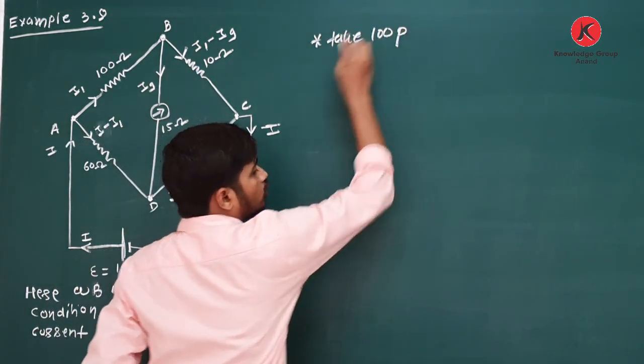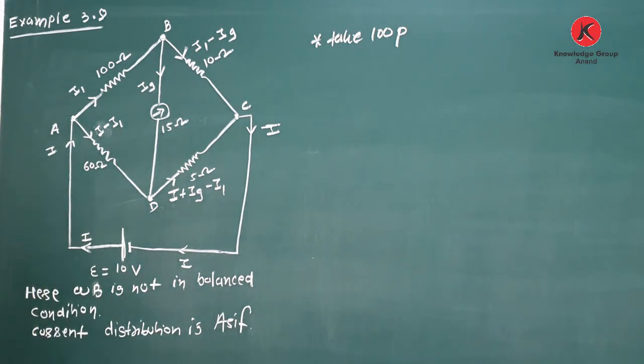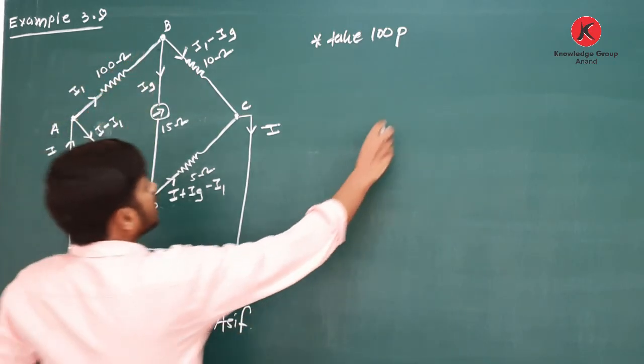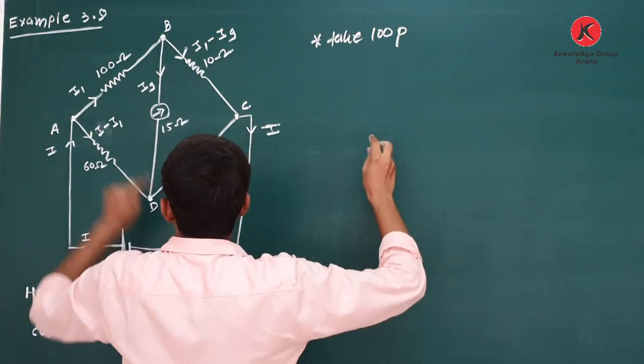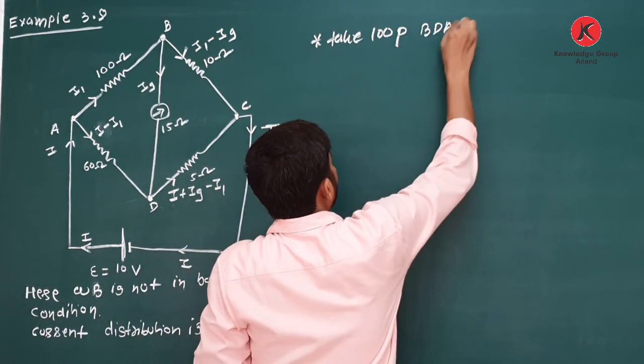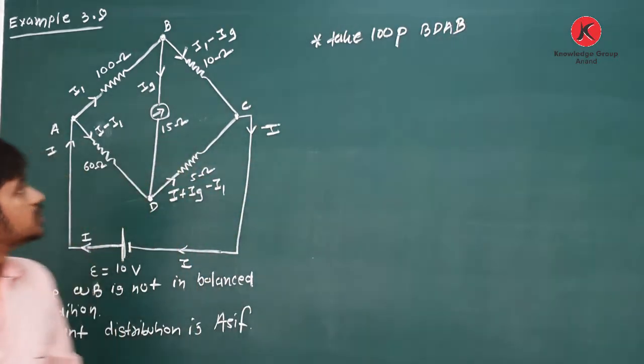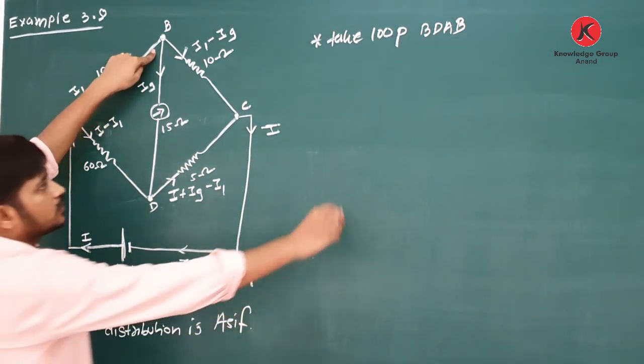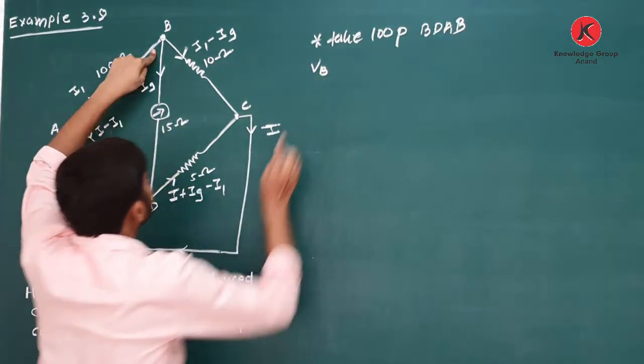Take loop. First loop, that is BDAB. Okay, this half. Starting from point B. Here it is VB.